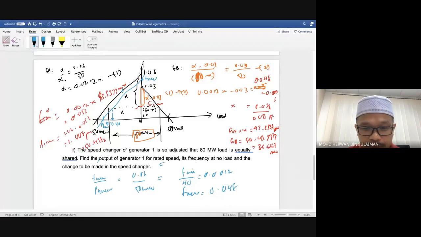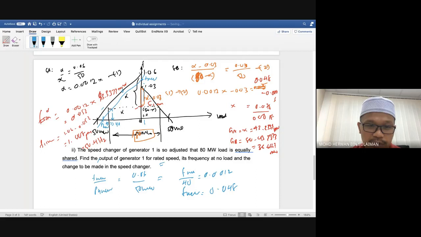Oh. So you need to find the relationship. We know already F new divided by your PG new, you get the similar, because the slope is always similar, right? Because you just make the speeder gear up and down only. Okay. So gambar ni memang tak clear lah. Saya kena lukis balik.